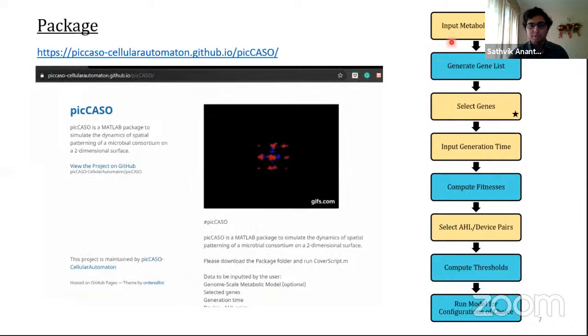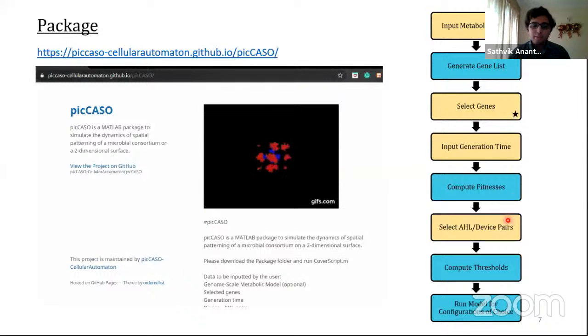First the user inputs a genome scale metabolic model, after which the package generates possible gene lists that the user can choose from on which gene is to be deleted. The user then selects the genes. The user must then input the generation time of the organism or the strain being considered, based on which the package computes the fitnesses both of the single gene deletion mutants as well as of the wild type.